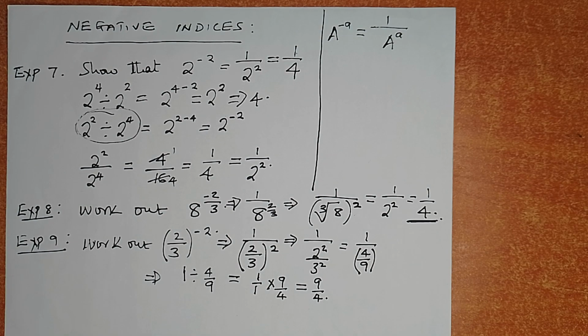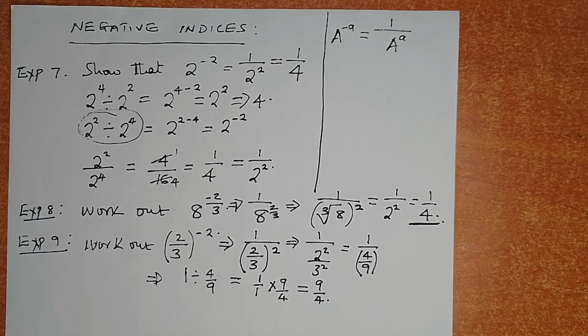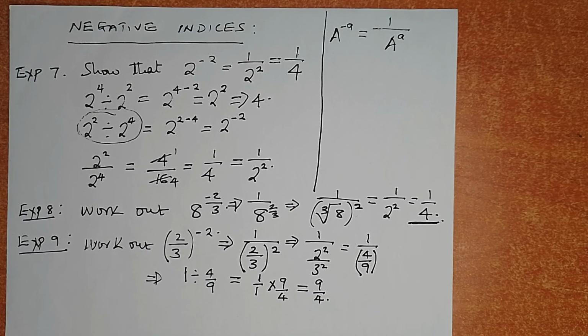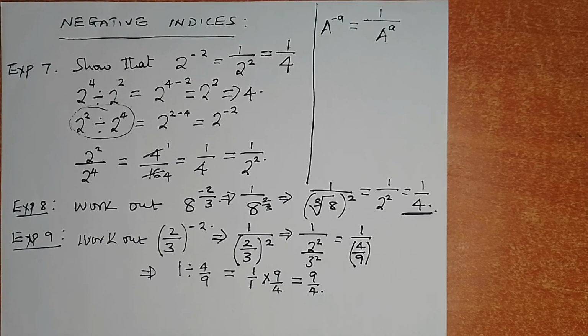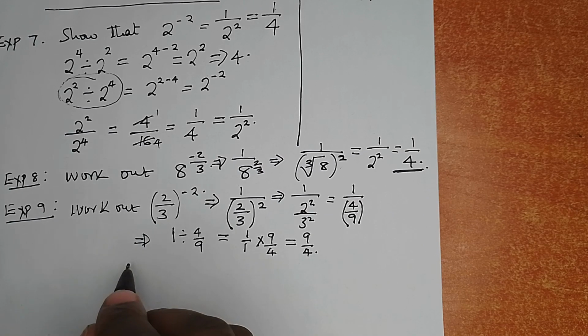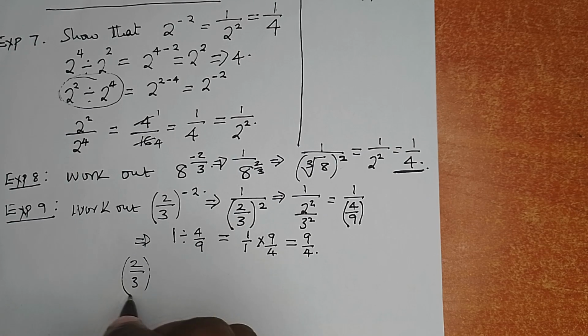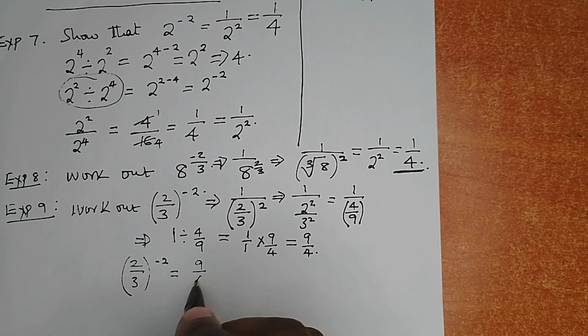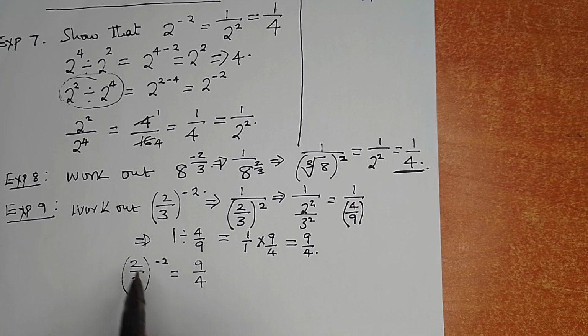This one is going to give us a summary of that law, and we are going to have some conclusion. Therefore, as you can see, 2 over 3 raised to power minus 2 is actually 9 over 4. There is a relationship between 2 and 4, and a relationship between 3 and 9.